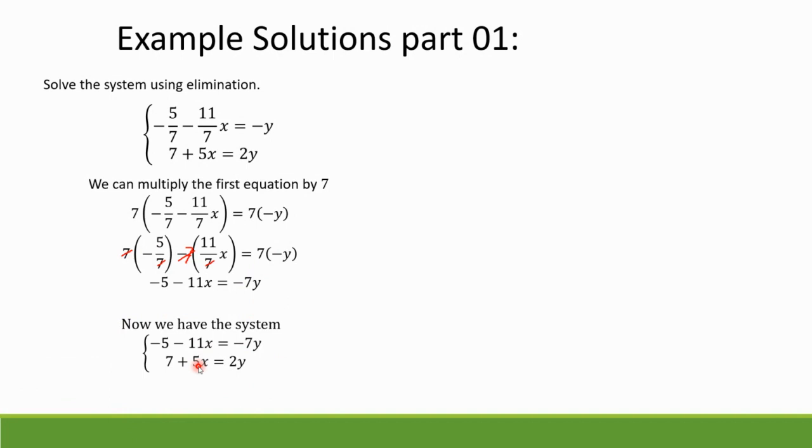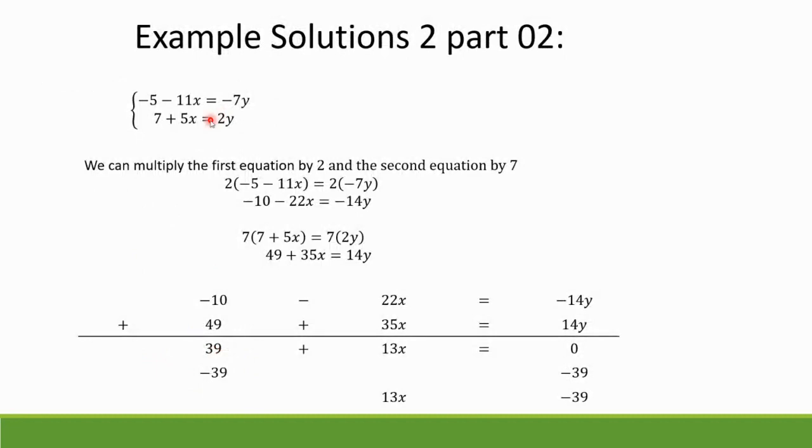That's not terrible, but you would have to manipulate the coefficients. What I did was I said, okay, we have negative 7y, 2y. We can multiply the second equation by 7 and the first equation by 2, as you can see here.